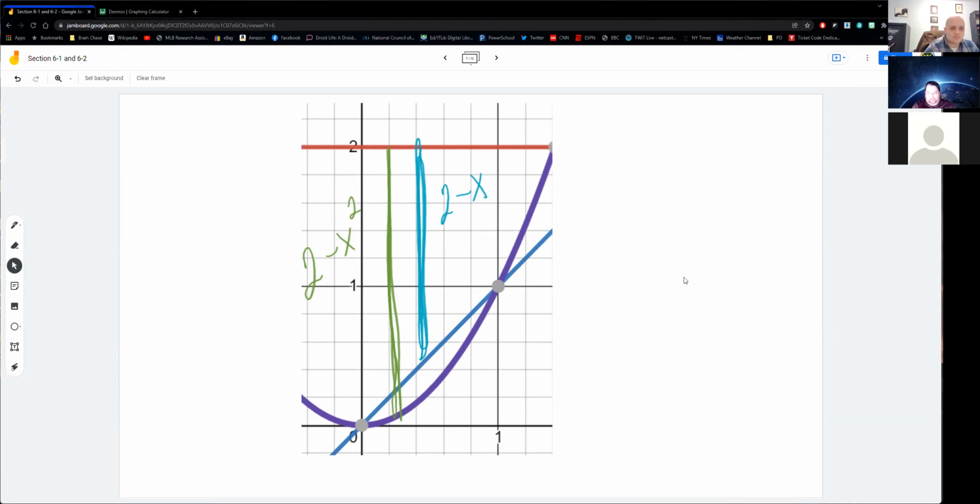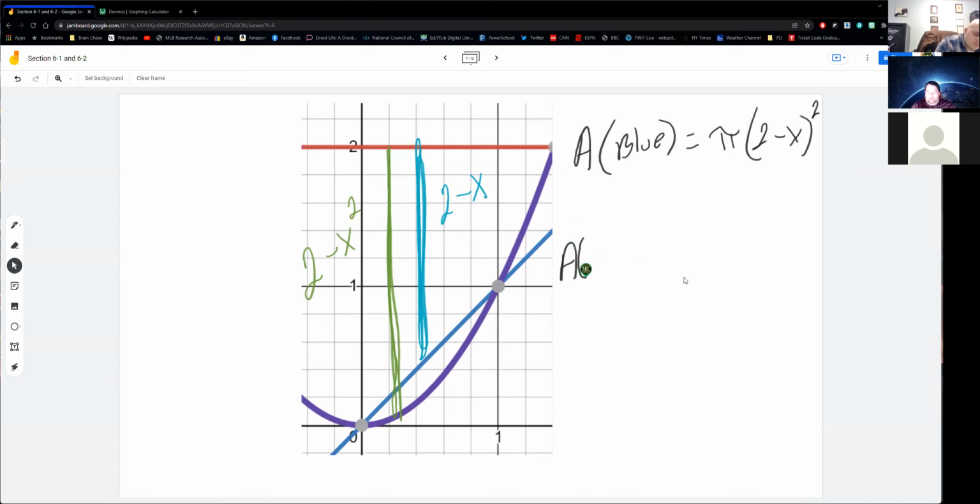So if we look at the area, let's look at the area of the blue for a second. That one's going to be pi times (2 minus x) squared. That would be the area of that blue circle if I was to rotate it around.